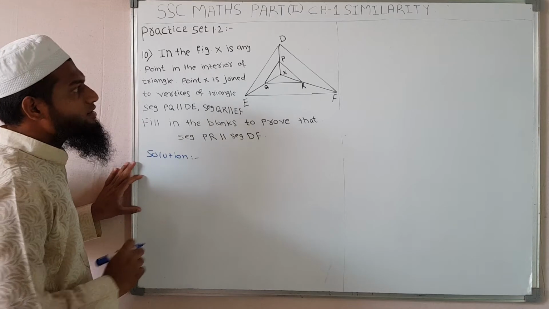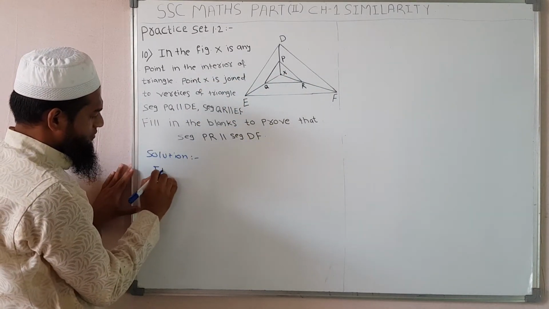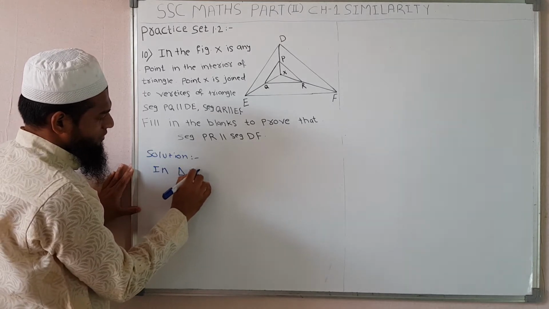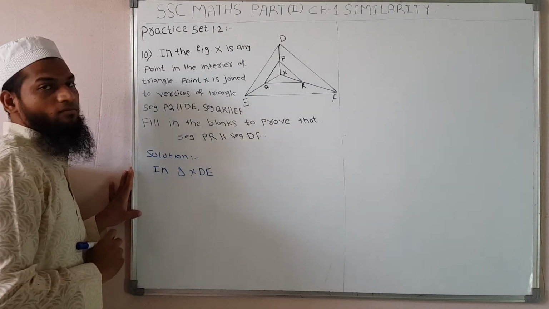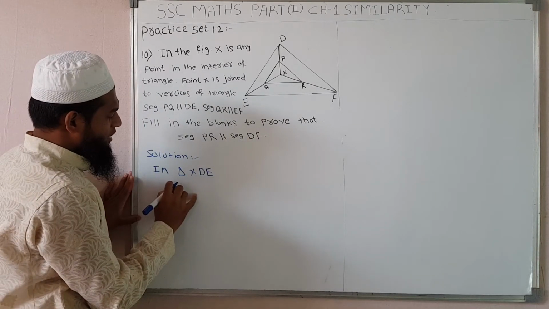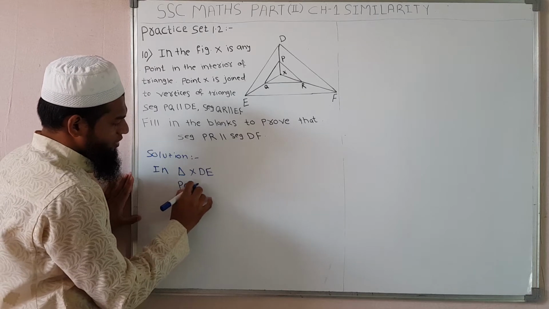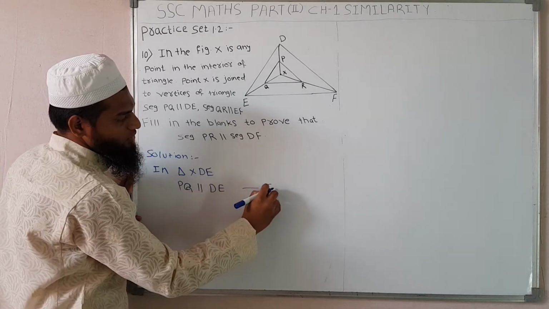First we are taking triangle XDE. What is given here? PQ is parallel to DE. This is given.